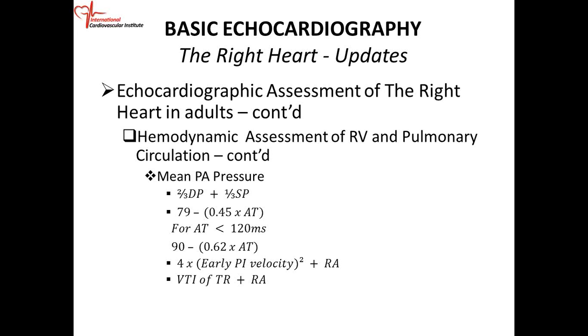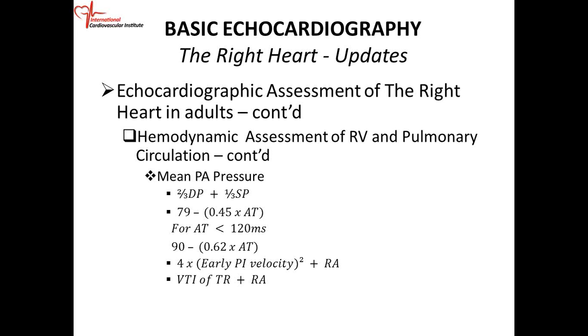If the acceleration time is a small number, then you're going to subtract a small number, so the mean PA pressure is going to be higher. They probably don't want you to remember the equation, but they will say if the acceleration time increases, what's going to happen to your PA pressure? That's the question they'll ask you.